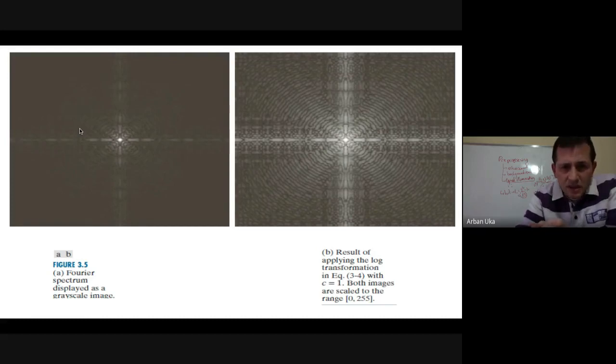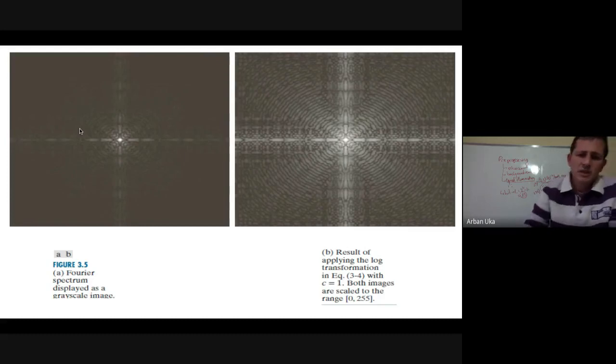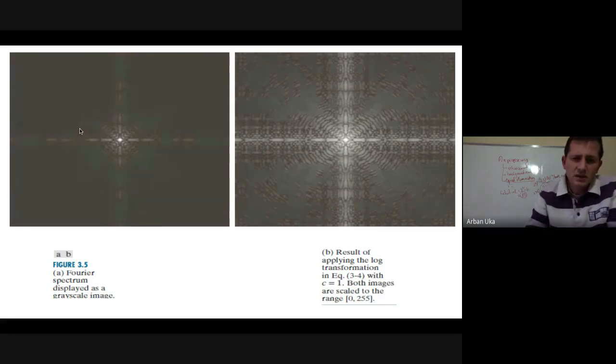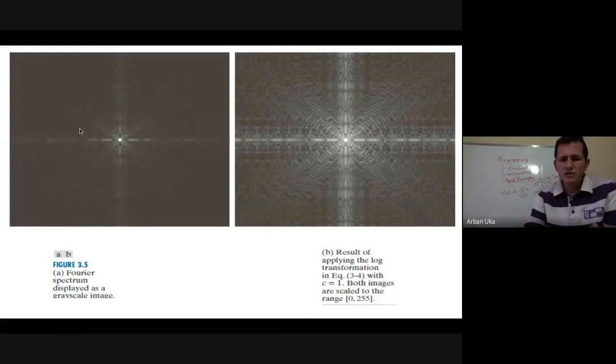This Fourier transform represents all the possible frequencies. But now, the image on the left side is the absolute value, okay?